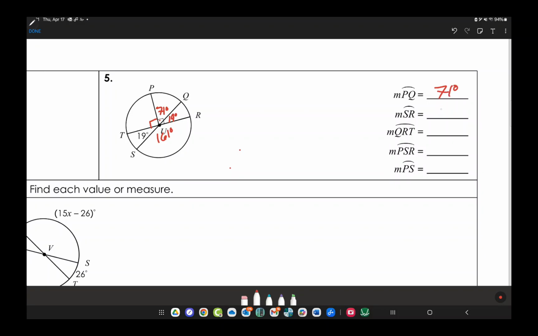Arc SR is 161. QRT would be 180 plus 19, so 199 degrees. PSR, all the way over here, that's just 270. And then PS would be 90 plus 19, so 109.